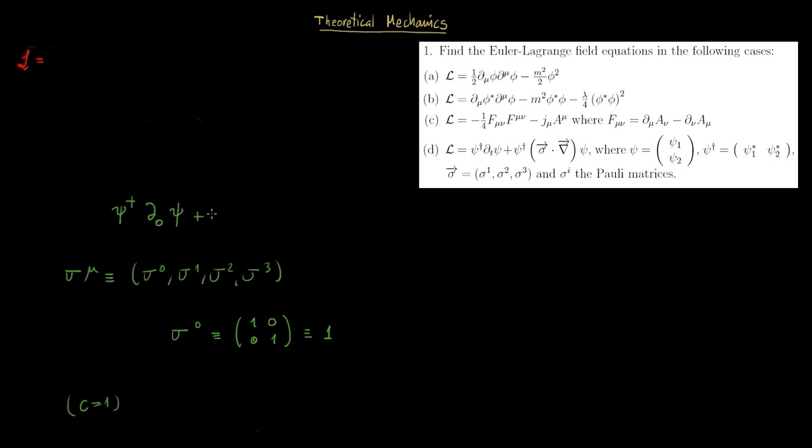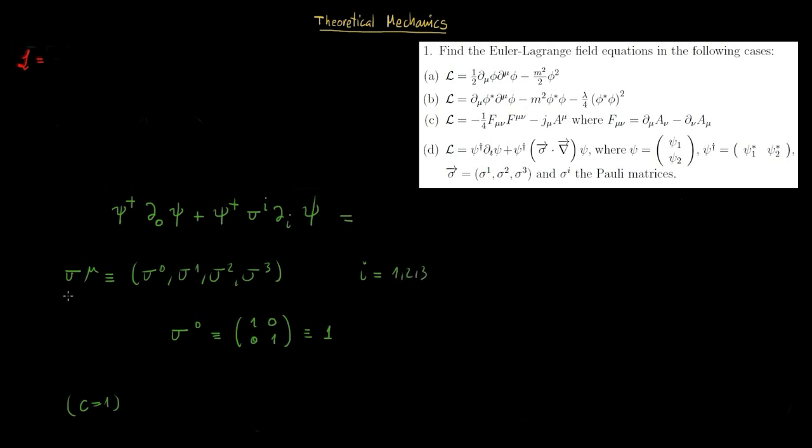Psi plus psi dagger, this dot product can be written as sigma i partial i psi, where i goes from 1 to 3.